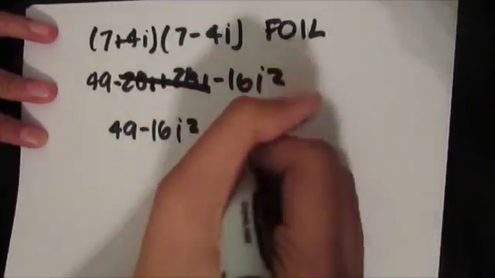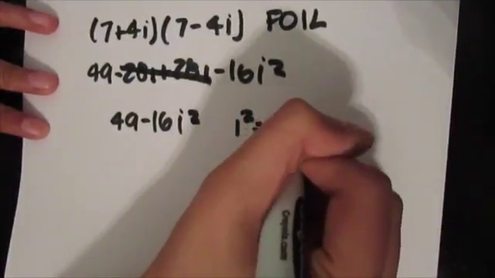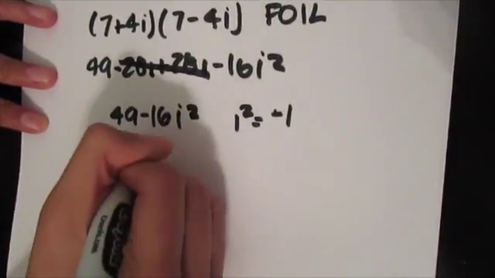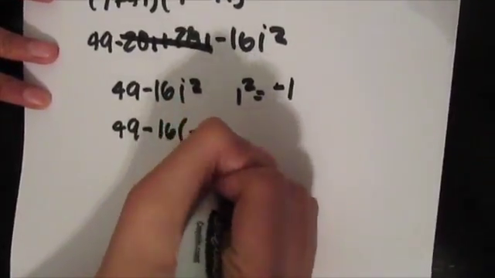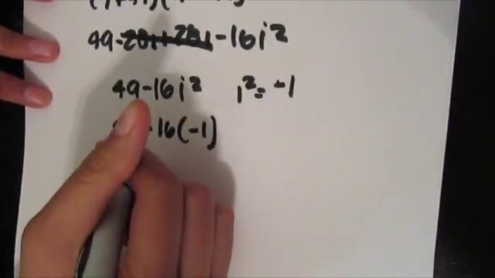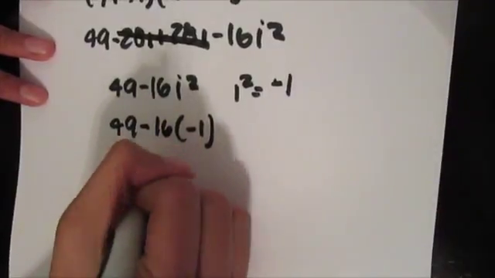From background information, we know i squared is equal to negative 1. So it will be 49 minus 16 times negative 1. Our final result after simplifying would be 65.